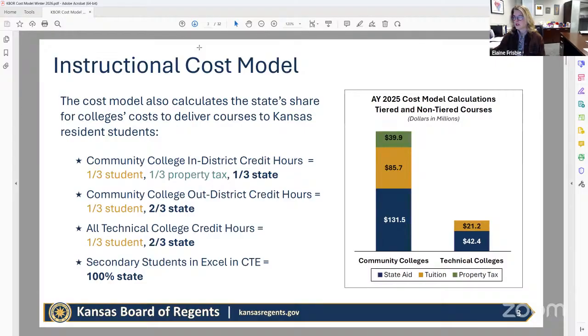And then for the community colleges, you can see the extra layer of 39.9 million of property tax in the green. So that's how the actual dollars were calculated based on each individual student's residence.